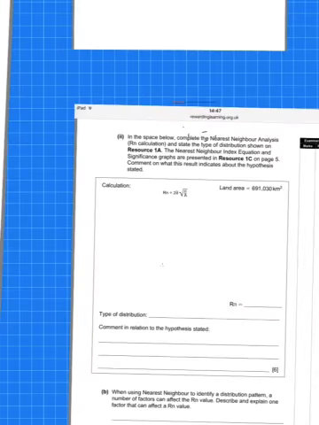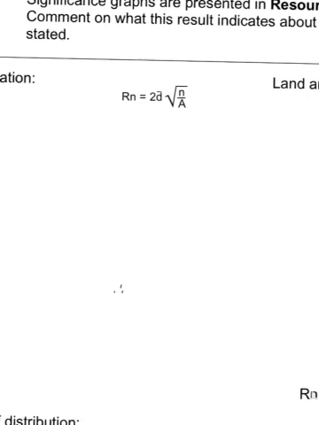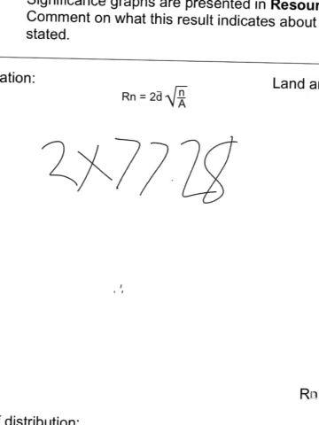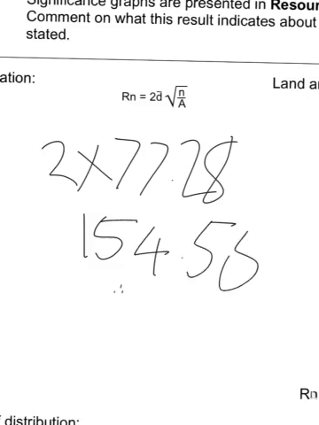Now, onto our calculation. If we have a look at our question sheet, I've already put our formula up here. Remember, that'll be on your formula sheet. So if we use the values that we have, we've already calculated the mean to get our 2D, so we'll do 2 times the mean, which is 77.28, which gives us a value of 154.55.